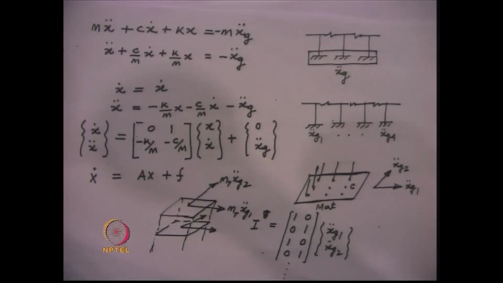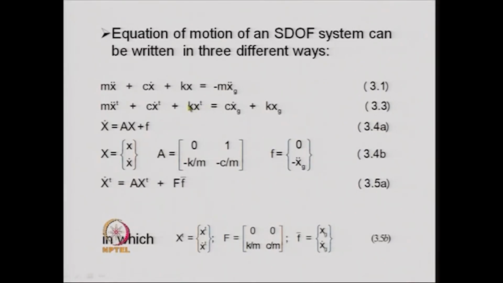In the same fashion, this second order differential equation expressed in terms of the total displacement can also be written in the state space, where the A matrix remains the same as before, there is no change, whereas the F bar becomes x g, x dot g, because on the right hand side of this equation we can see that the force depends upon x g and x dot g.